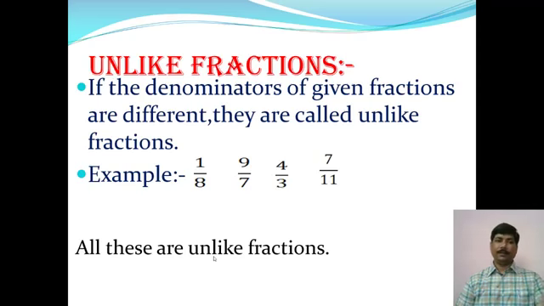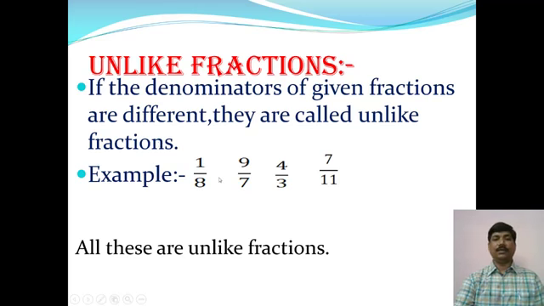To identify, we check the denominators. If the denominators of the given fractions are different, they are called unlike fractions. In the group of fractions, if each fraction has a different denominator from the others, then these fractions are called unlike fractions.